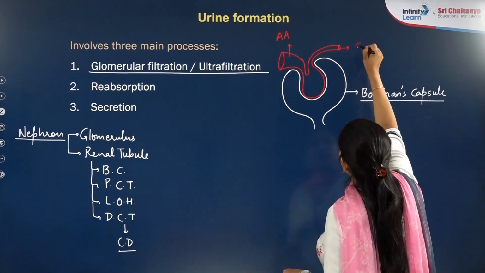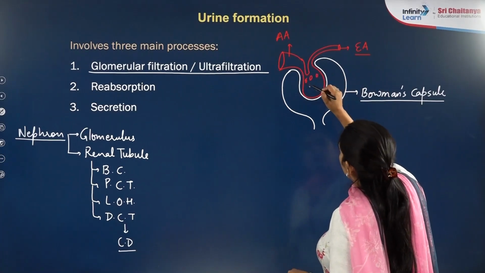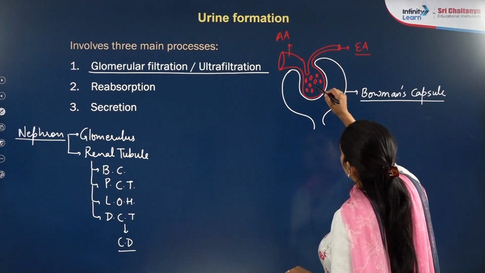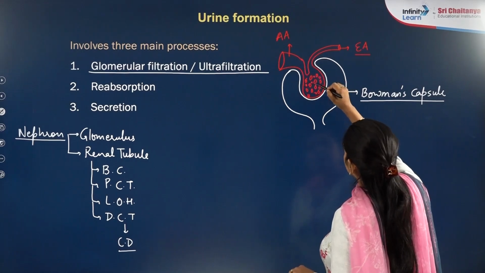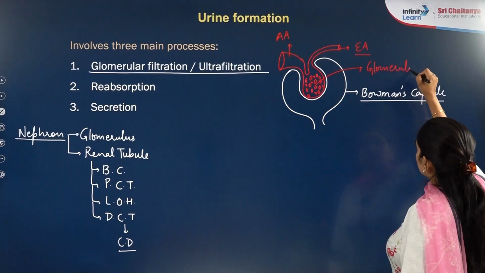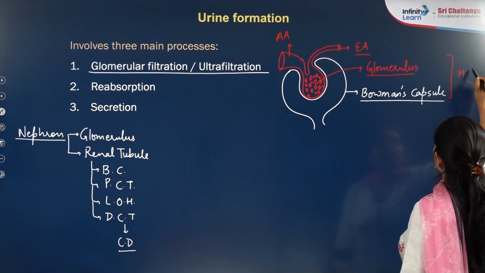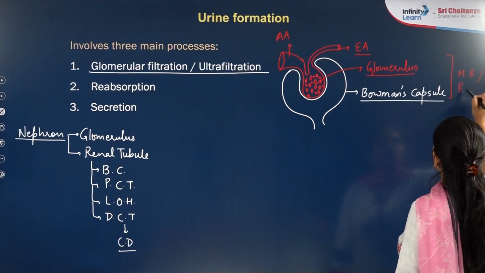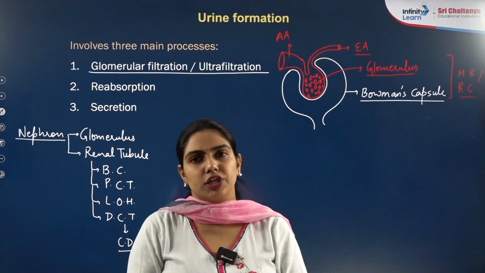This tuft of capillaries is known as glomerulus, right? Glomerulus plus Bowman's capsule is known as Malpighian body or renal corpuscle. That also you have seen in the previous session.